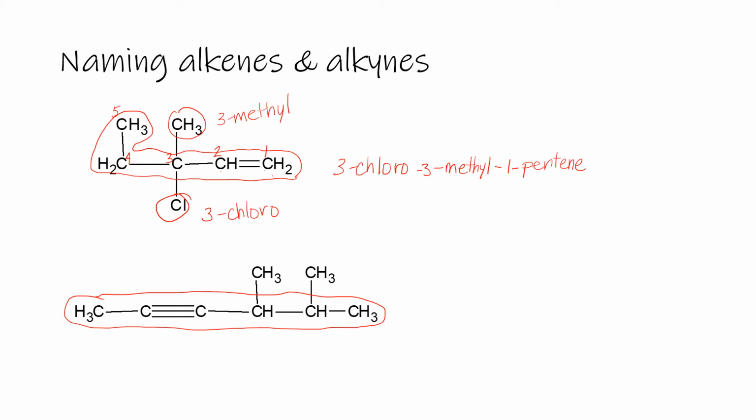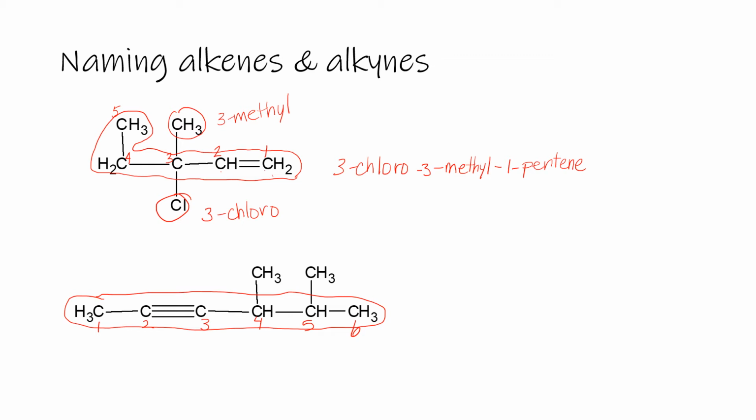Now we want to name it, giving those carbons in the triple bond the lowest numbers possible. So I'm going to start on the left, and this will be carbon 1, 2, 3, 4, 5, and 6. So we have 6 carbons in our longest chain. That would be a hexyne with a -yne ending to it.